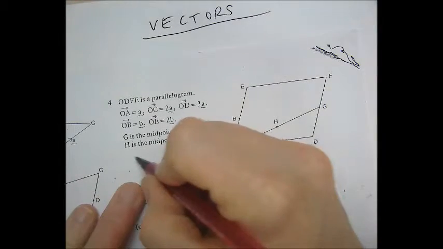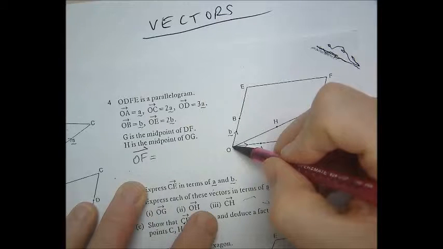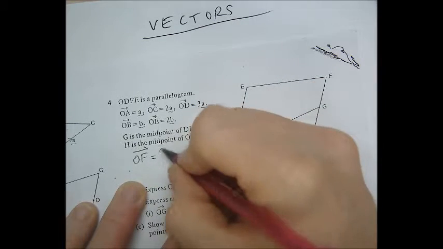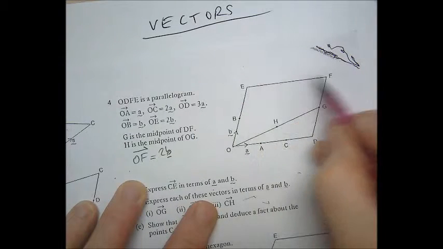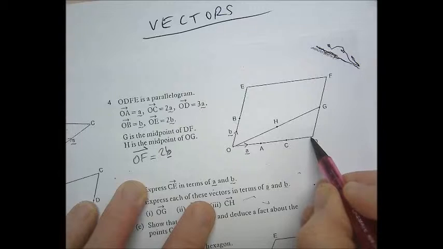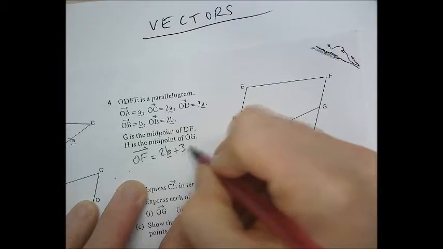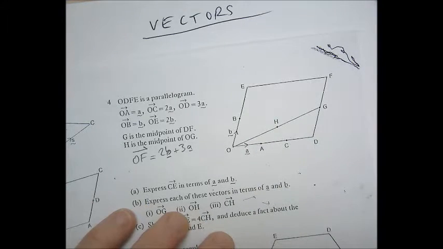So I'm going to name OF here. OF is initially 2b and then EF. And EF, I'm going to borrow that name from down there. It's the same length in the same direction. So there we go. We've got the b part and then the a part. Simple as that.